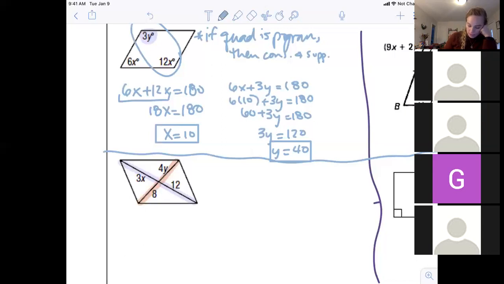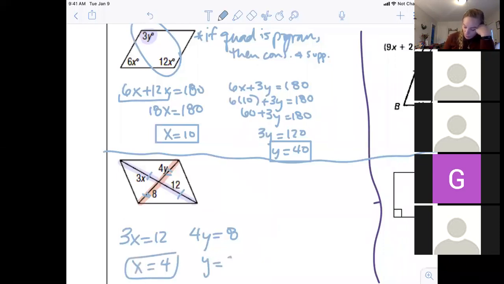Very good, Megan. Why can I do that? Because they're diagonals, so that means that they're congruent. Very good. This one actually worked out nicely because I can solve easily here. Divide by 3, I get x equals 4. Divide by 4, I get y equals 2.